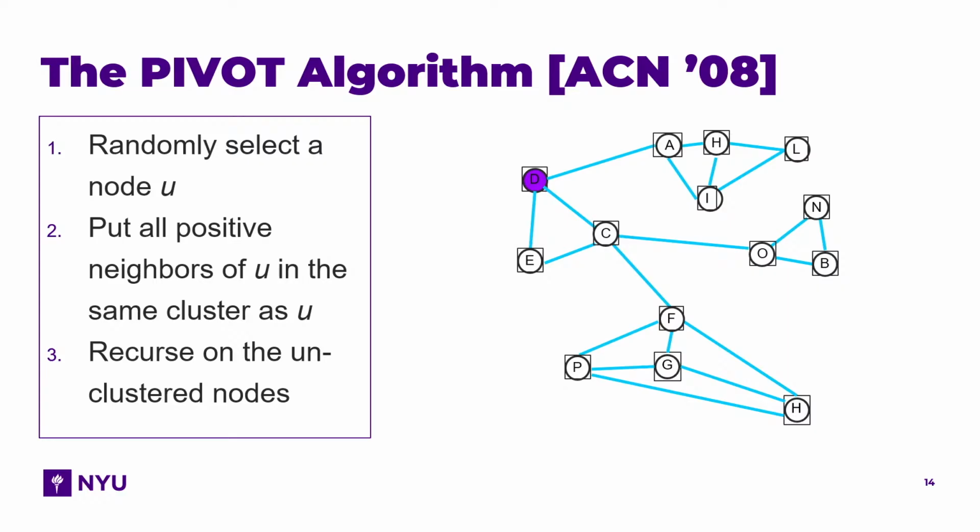So we have a graph, and we try to partition the nodes. At the beginning, we uniformly randomly choose a node. Here we choose a node D, the purple node D. Then we put all positive neighbors of this node in the same cluster. So we include all its positive neighbors, these 3 nodes, in its cluster.